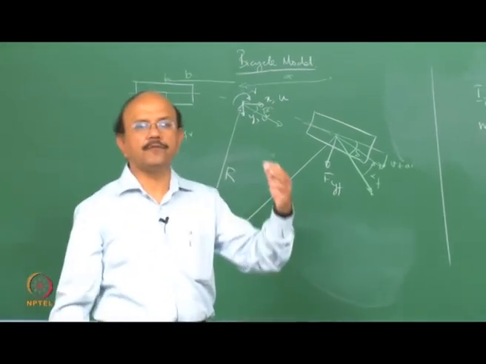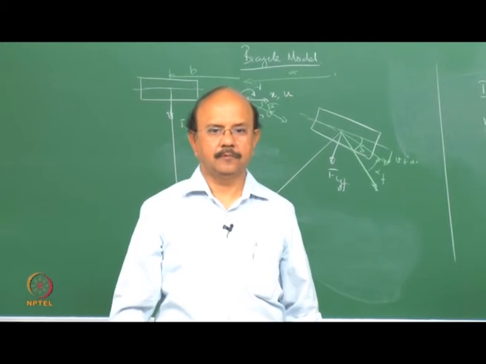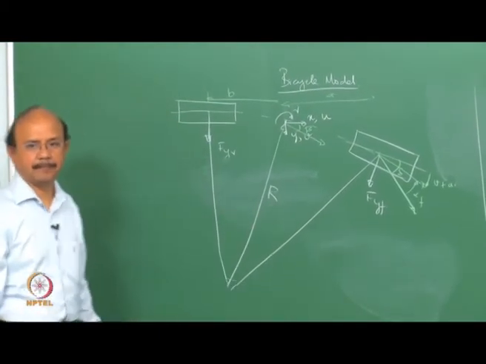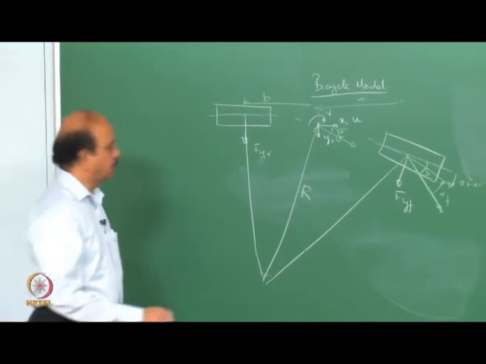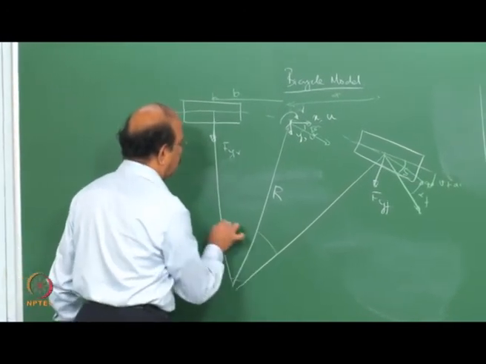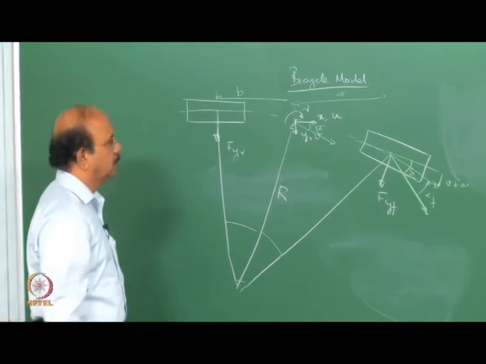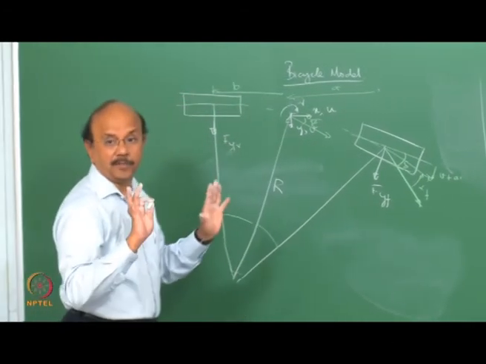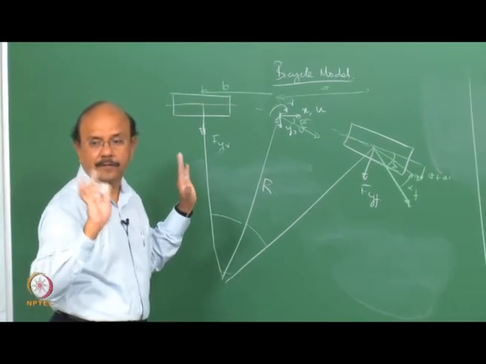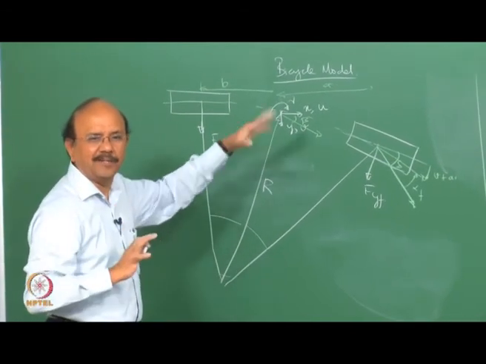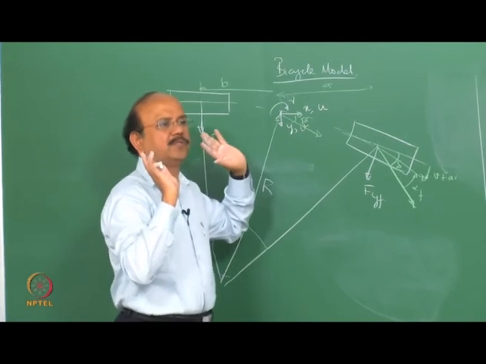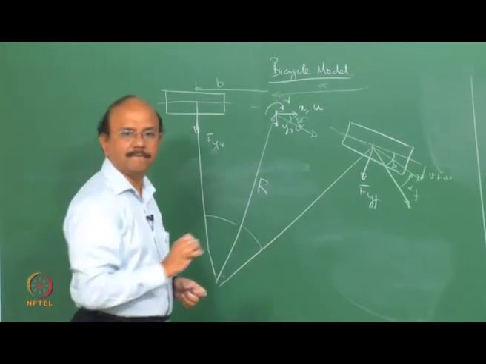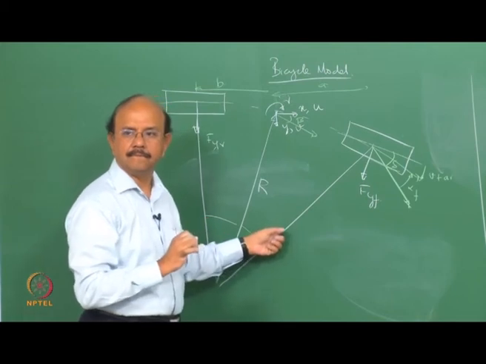That's the radius of the turn. 1 by r is actually curvature, right? We know that. Okay, so I have that angles, what's this, A and that's B, approximately. A lot of it is approximation because every angle is small and all those assumptions we make. So what's that angle?